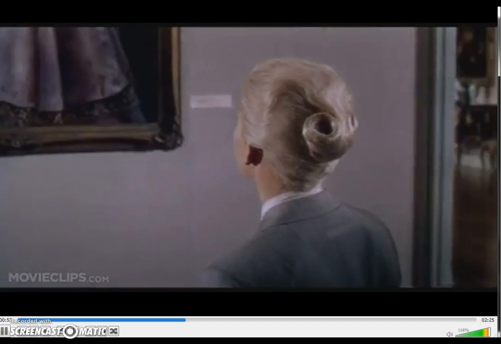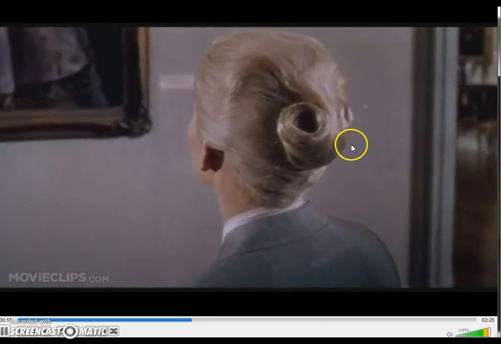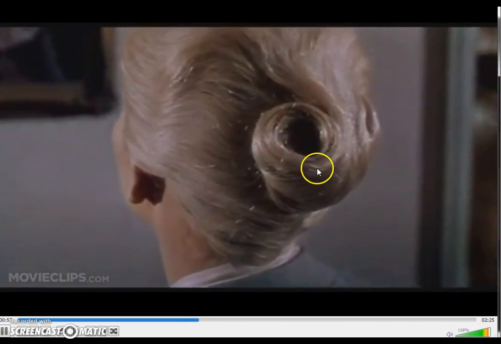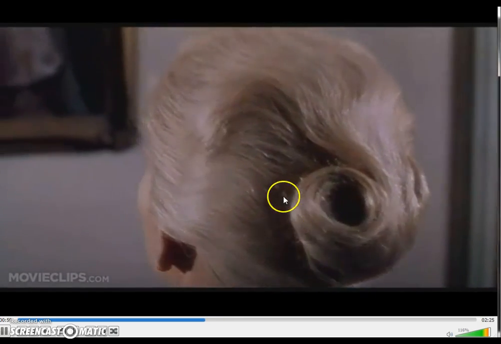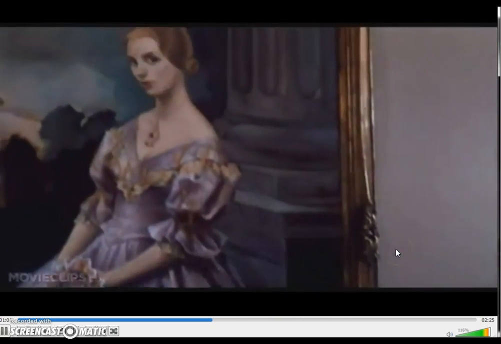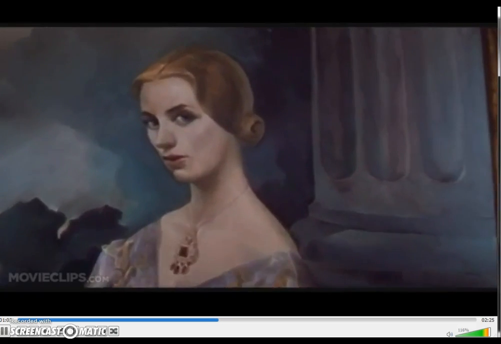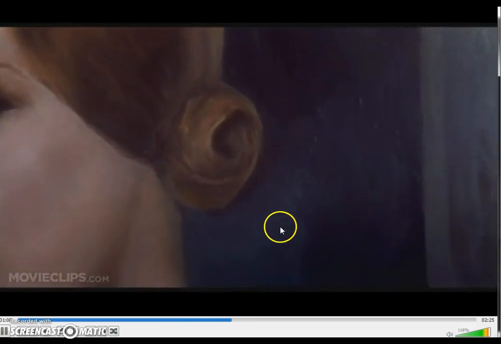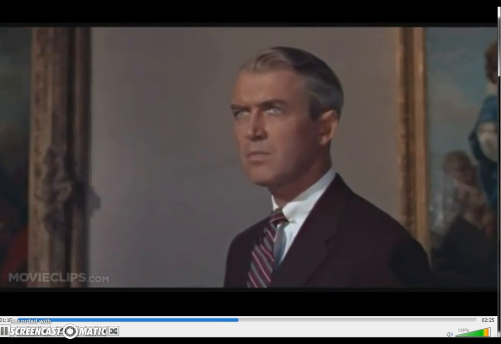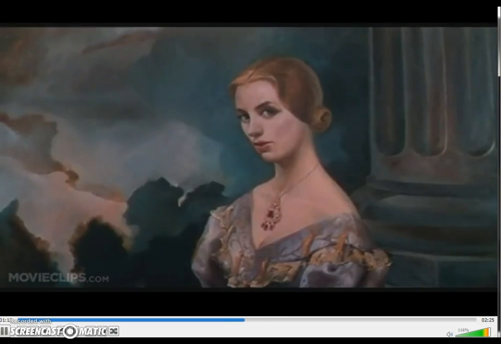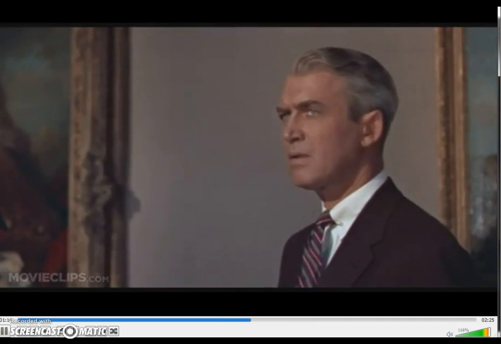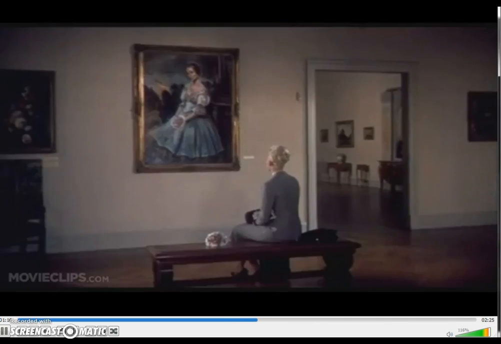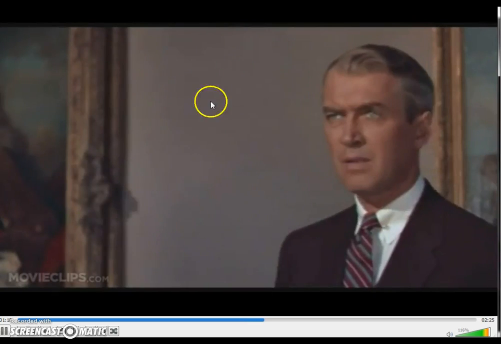So notice the bouquet, and then here a close-up, now an extreme close-up, because we're looking at one part of her. And Hitchcock's very, not subtly telling us, doesn't that look a lot like this? She's sitting there holding a bouquet that looks very much like the bouquet in the painting, and her hair, that swirl, is very much like that.